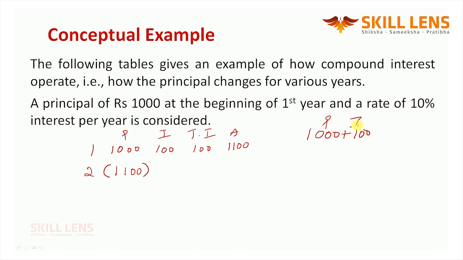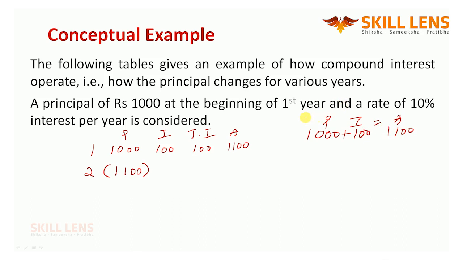So the total is going to be 1100. When you are calculating interest for the next year, you have to calculate on your principal and amount together, which is in your amount only, no? So the point was this, guys.